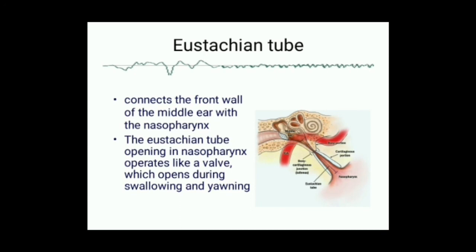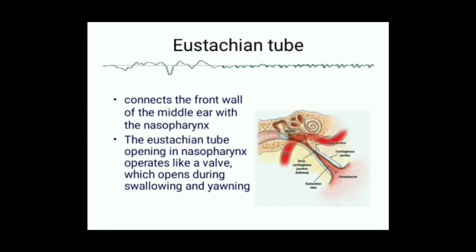See, for the tympanic membrane to vibrate effectively, the air pressure in the outer ear, that is in the atmosphere, as well as the air pressure in the middle ear should be equal. Then only the membrane can vibrate effectively. If the middle ear is a closed chamber with a static pressure, imagine when you are exposed to sudden high atmospheric pressure or low atmospheric pressure, the drum will be displaced either inwards or outwards.